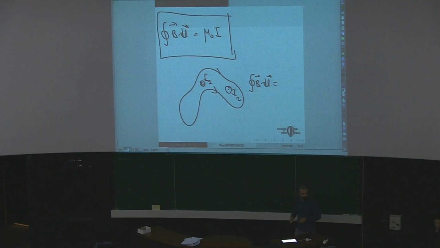So this is equal to mu0 times I2 minus I1. It's similar to the Gauss law. Still, the currents can be positive or negative, depending on their directions. In the Gauss law, we had the charges that could be positive or negative.